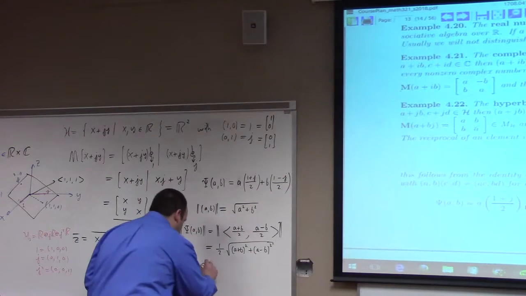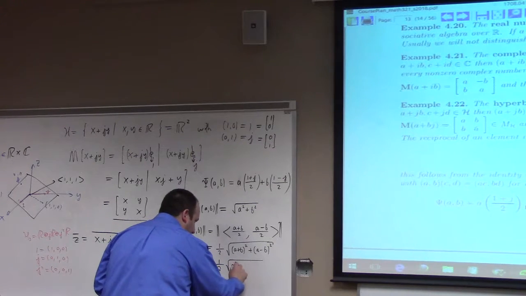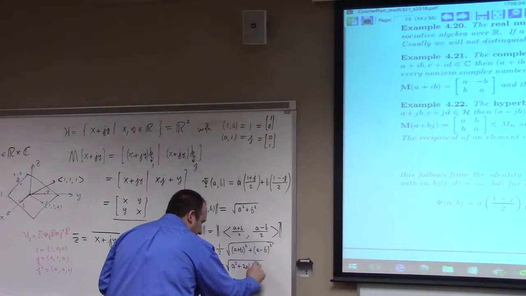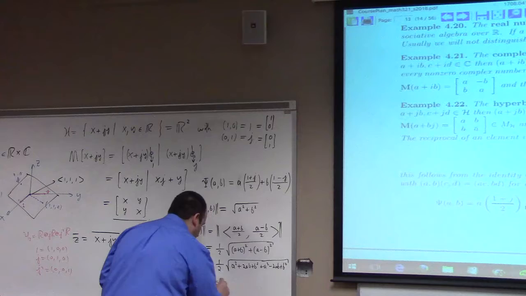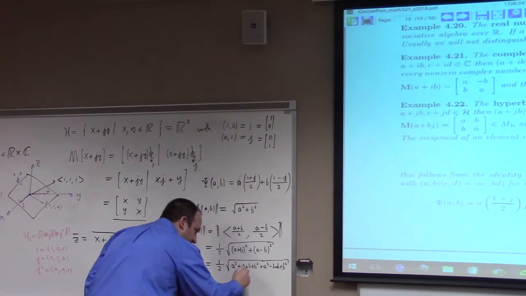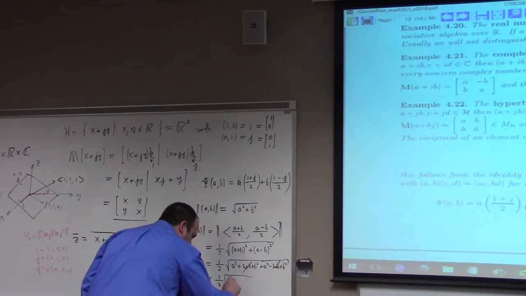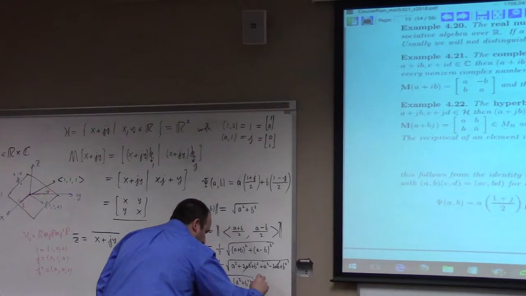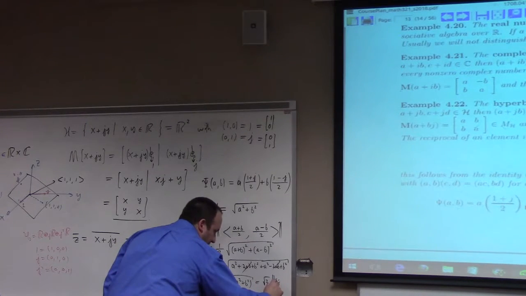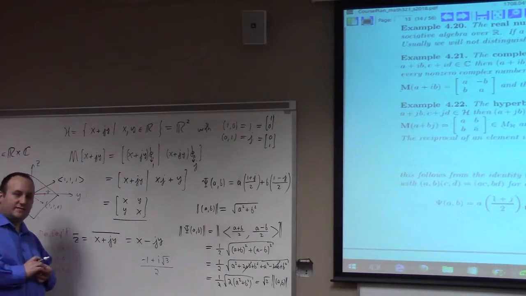Which is A squared plus 2AB plus B squared plus A squared minus 2AB plus B squared. These cancel, and we've got 1 over 2 square root of 2 times A squared plus B squared, aka the square root of 2 times the length of AB. Oh, I'm sorry. 1 over the square root of 2, right?